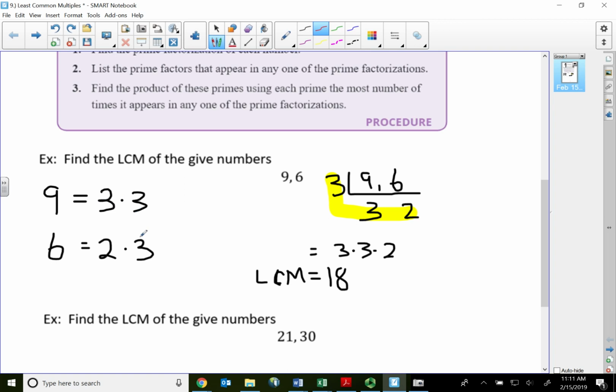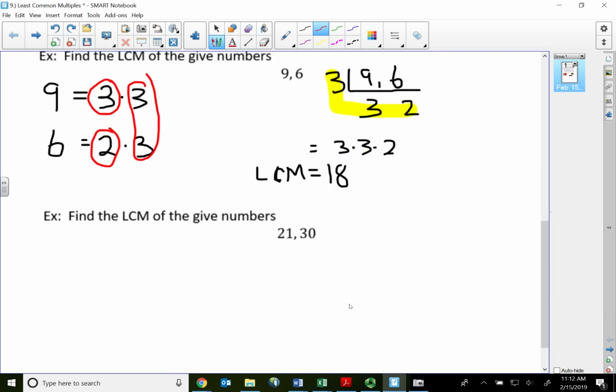As you can see, between 9 and 6, the factor of 3 repeated, so you count that one time. 9 has another 3 that did not repeat with the 6, so you count that one time. 2 did not repeat with any other factors from 9, so we count that one time. That's why it's 3 times 3 times 2, which is 18 still. Either way to do it will be fine.